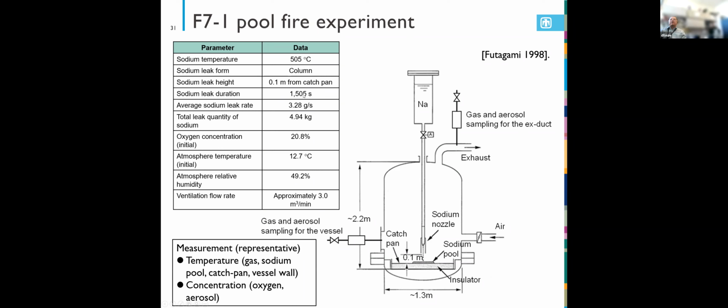It stopped after about 25 minutes or so, and the rate is very small, in grams instead of kilograms, and the total leakage is about 5 kg, and you have quite a bit of relative humidity there. The vent rate is about 3 cubic meters per minute. So in 1 minute, all this air volume will be exhausted to the ducting.